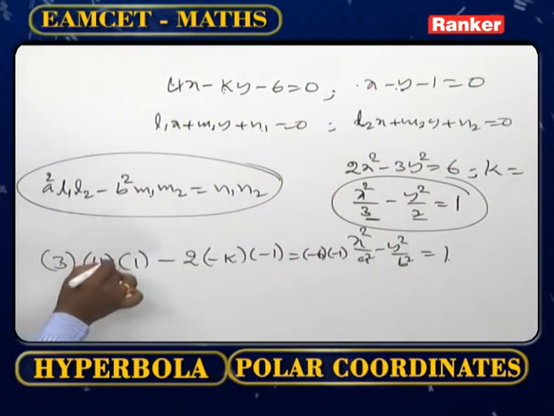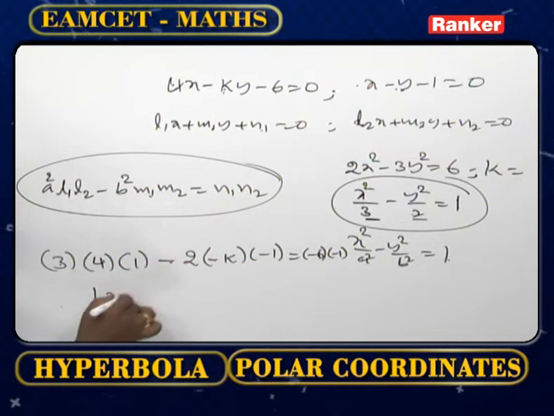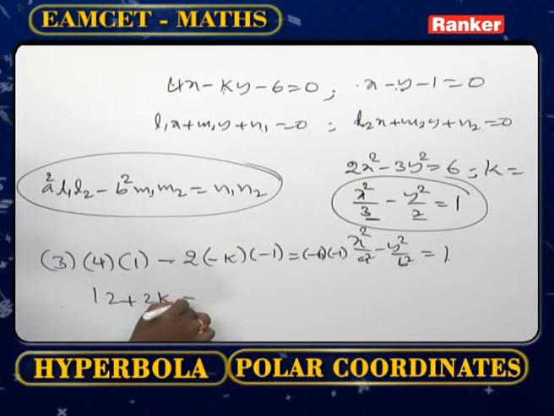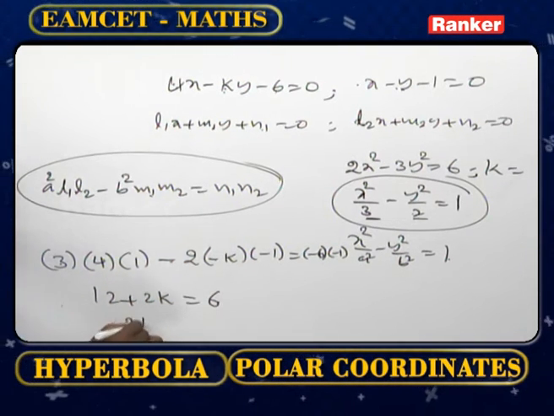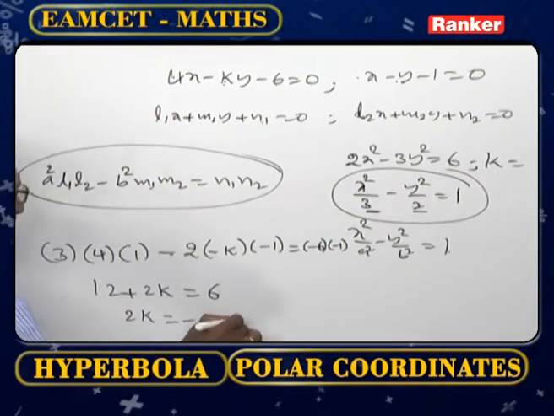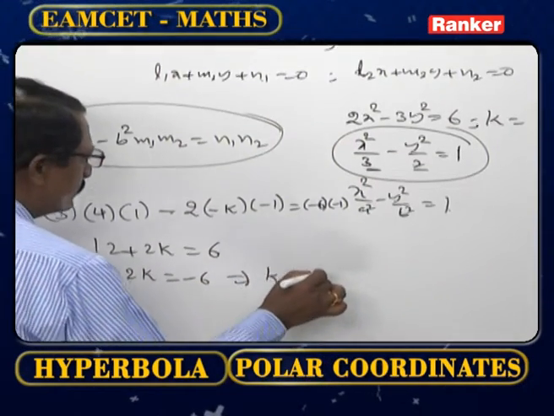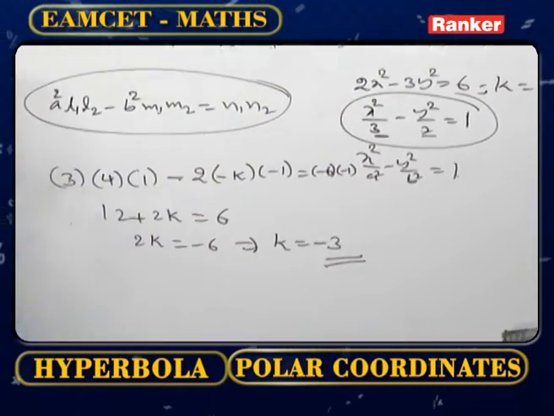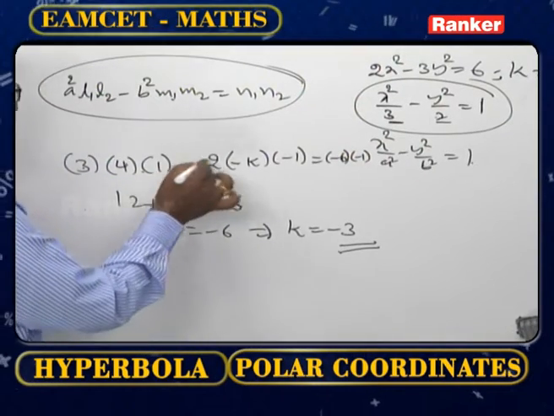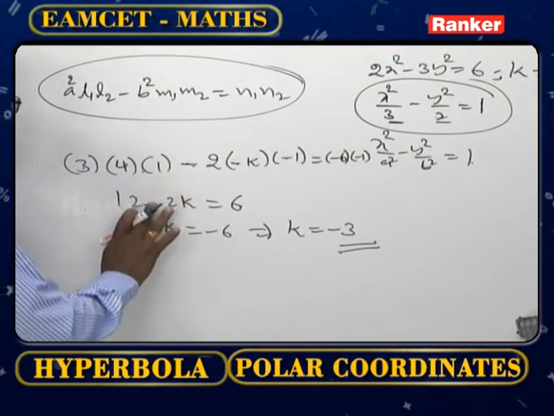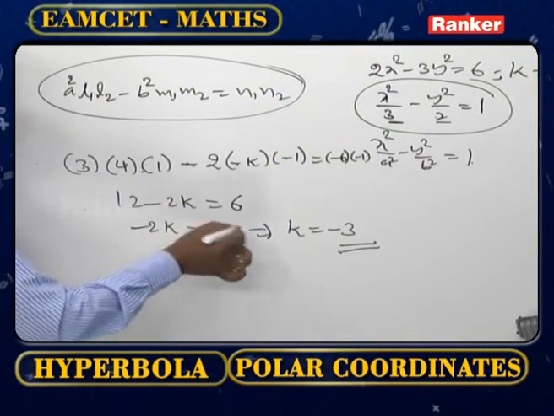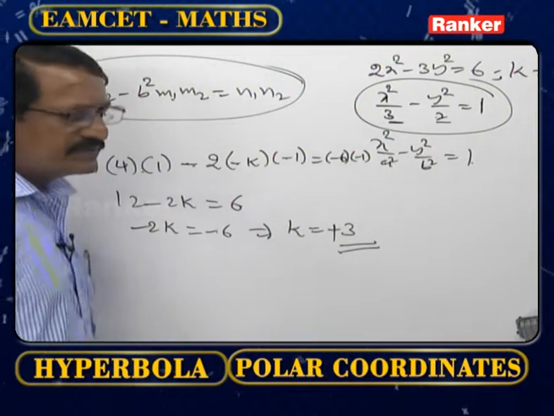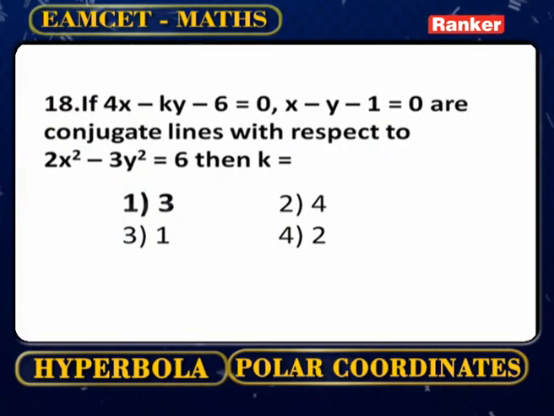Now 3 into 4 is 12, minus of minus, plus 2k equals to 6. Minus 2k equals to minus 6. Now k equals to 3. First option.